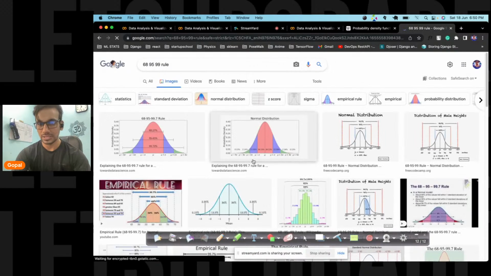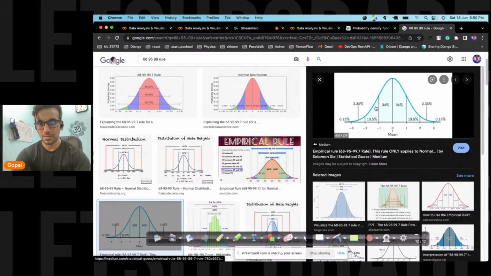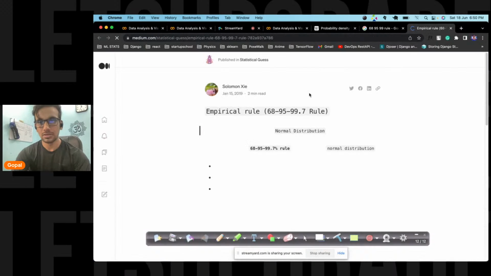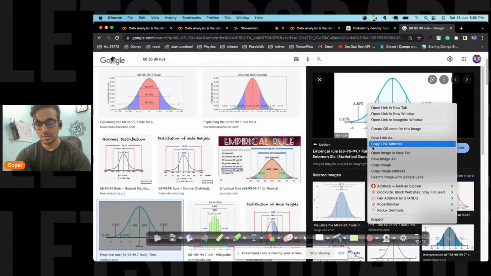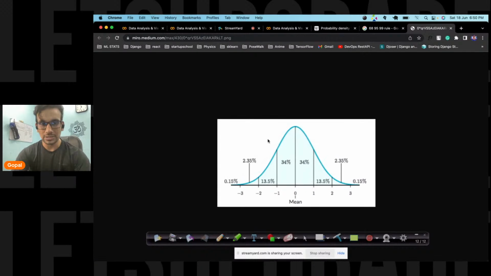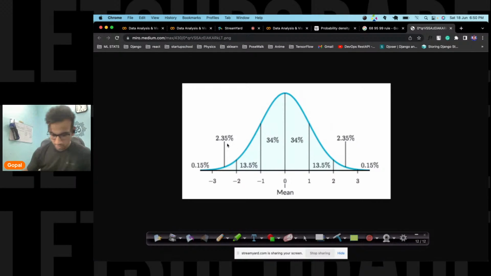Let's talk about this so I can have a data set here. We have got this certain data set. This is again your bell curve, which was represented by your normal PDF equation.